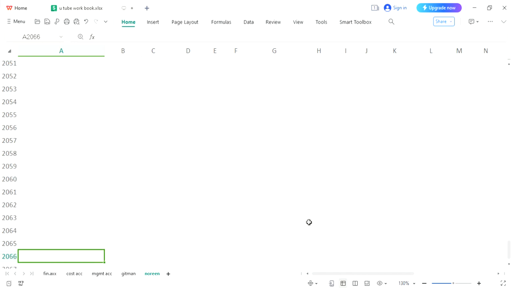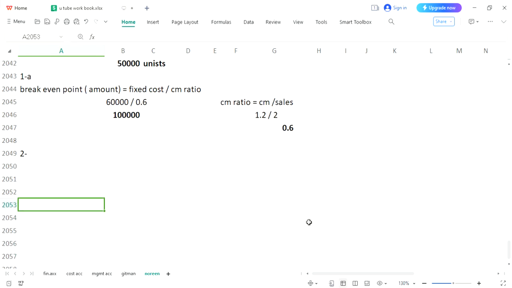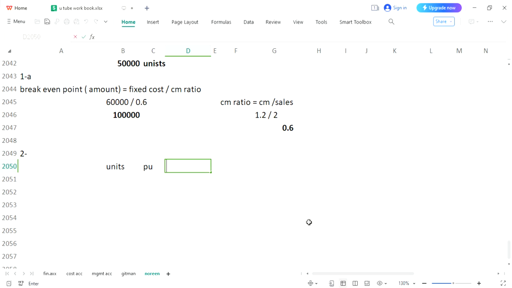For making the graph, the very first thing you need is your units. Then, instead of per unit, you will write your sales, and then you need to have your cost. Cost would be divided into two parts: variable and fixed.